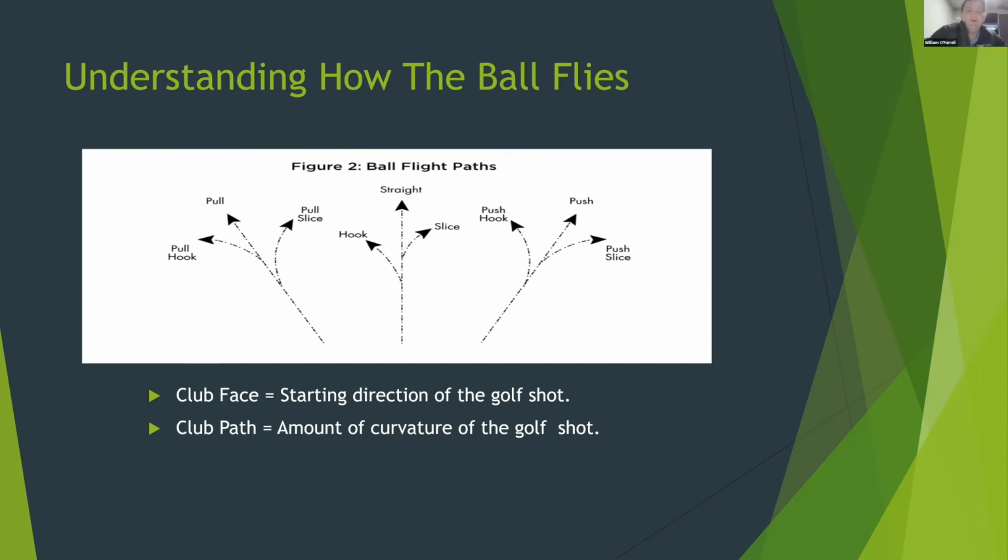Yeah, so what we found is that it's close to 90, it's 88% of the starting direction of the golf ball that will be determined by where that club face is pointed. So that initial first shot off is going to be affected mostly by the club face.